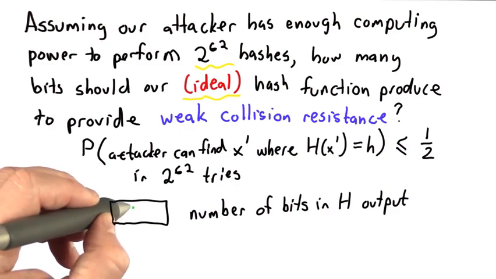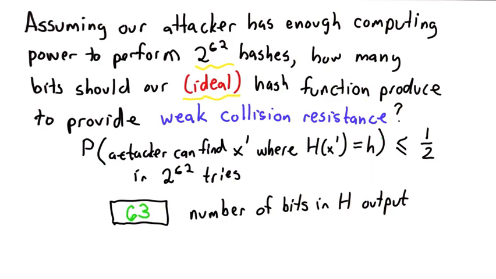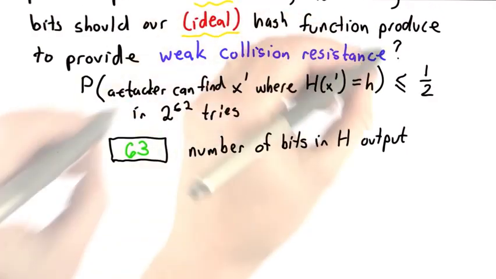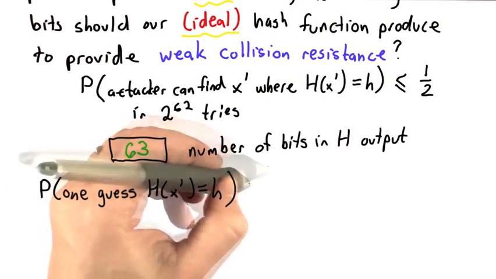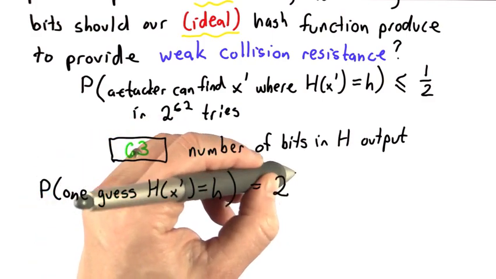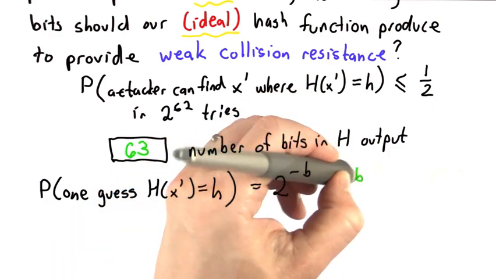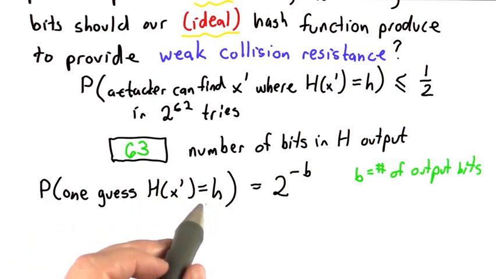So the answer is we need 63 bits to ensure this probability is less than 1/2. And the way to think about this is assuming the uniform distribution of our ideal hash function, every time the probability that one guess maps to h is 1 over the number of possible outputs, or 2 to the negative b. We'll use b to represent the number of bits. So with our random oracle model, for any given guess, the probability that it hashes to a particular value is 2 to the negative b.